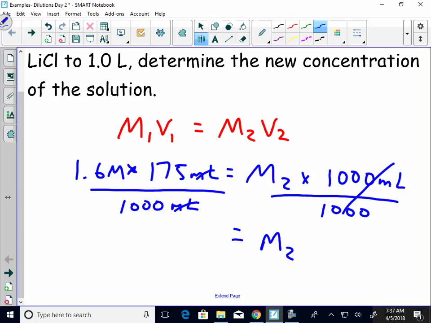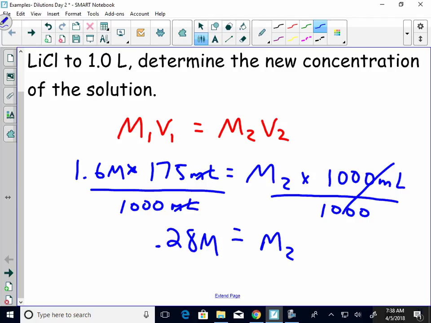And then I divide that by 1,000. And I get 2.8. And my label is going to be... 2.8 is not right. 0.28 molar.